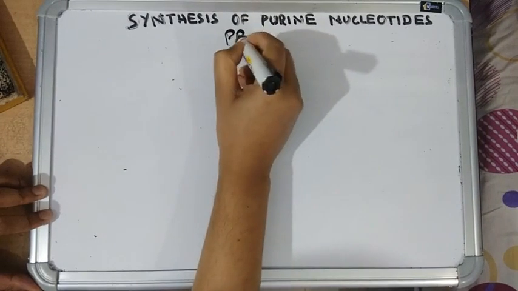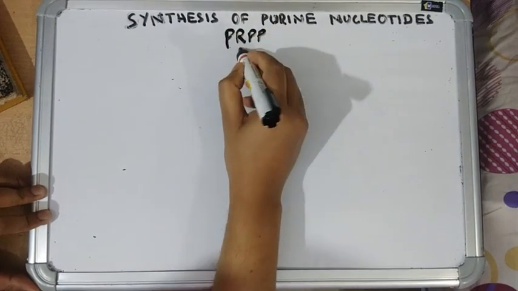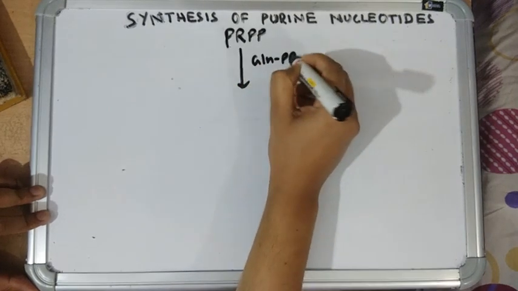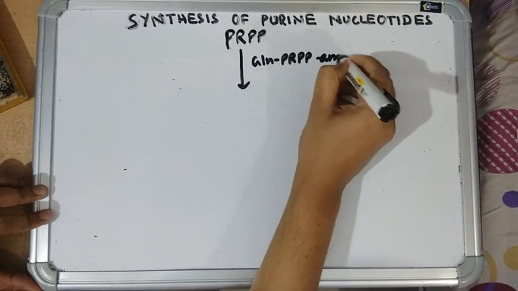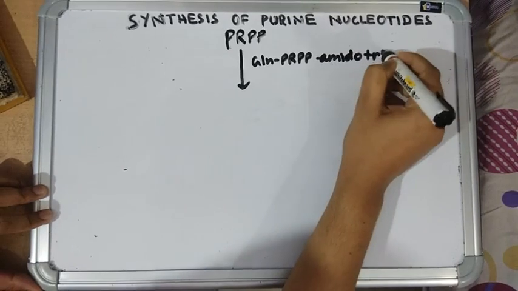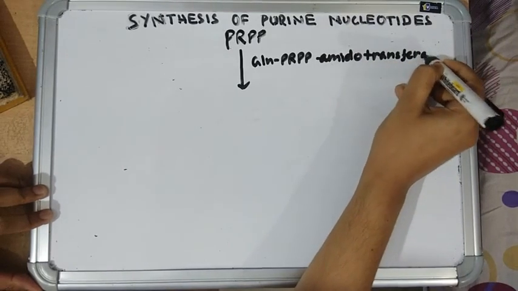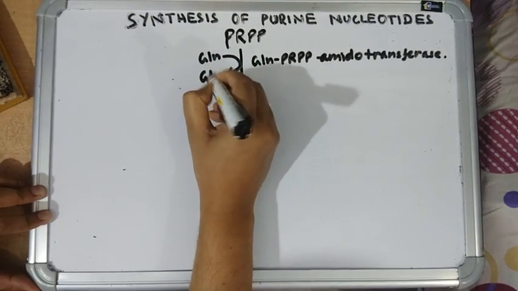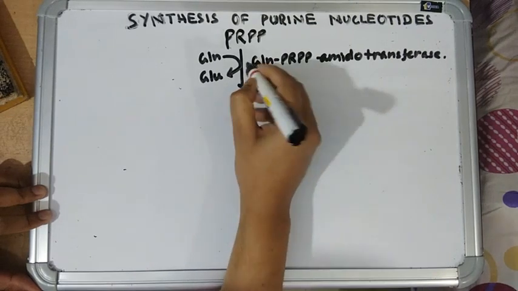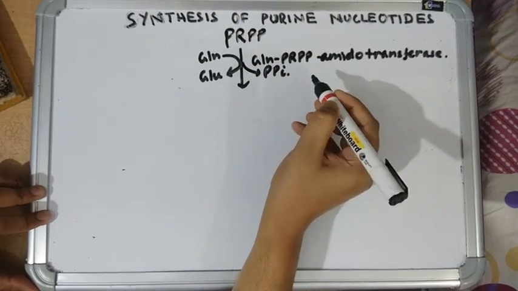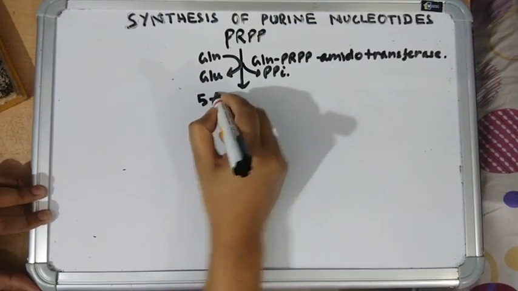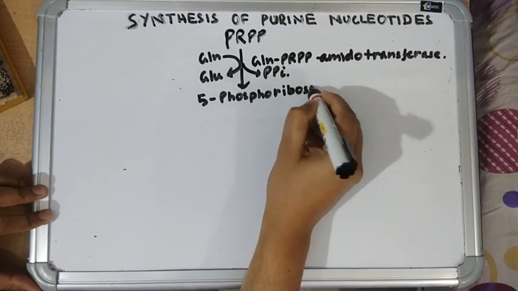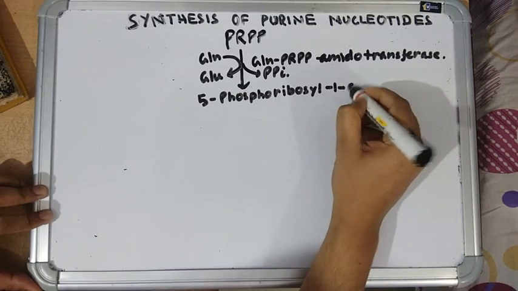First, this PRPP is acted upon by the enzyme glutamine PRPP amidotransferase, where glutamine donates the amino group and converts into glutamate, and inorganic pyrophosphate is released, and the product is 5-phosphoribosyl 1-amine.